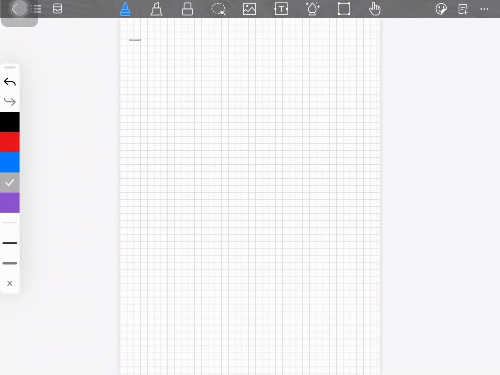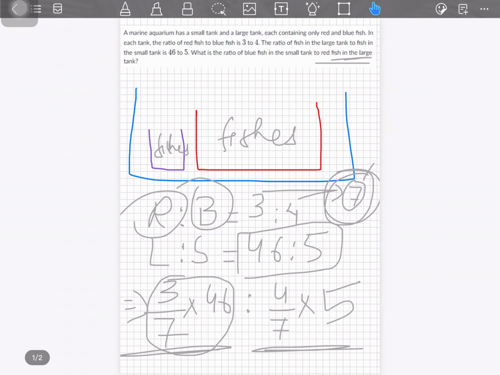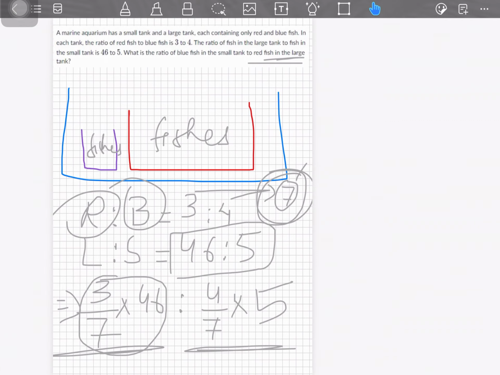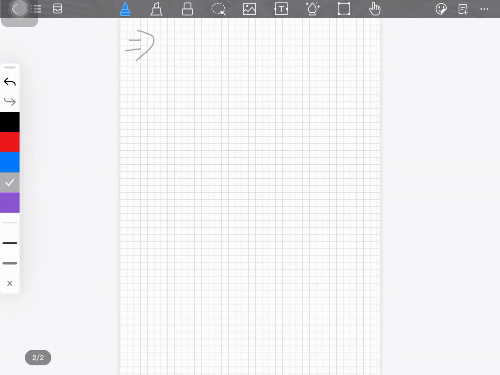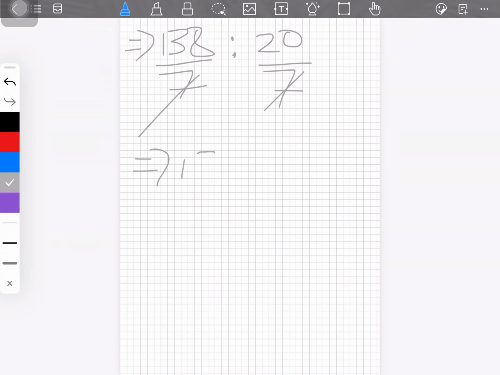The final answer would be 3 times 46, which is 138. So 138 over 7 to 20 over 7. This 7 cancels this 7, and then 138 is to 20 is equal to 69 over 10. That's what I think.